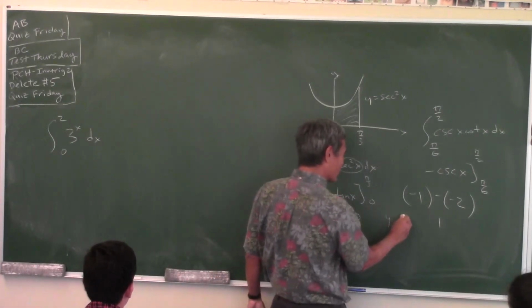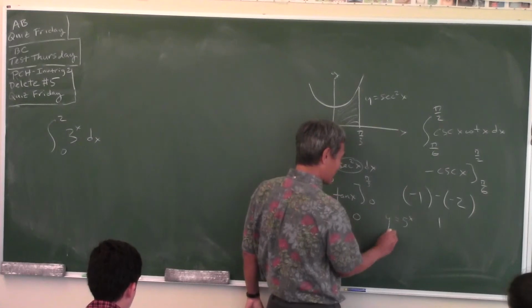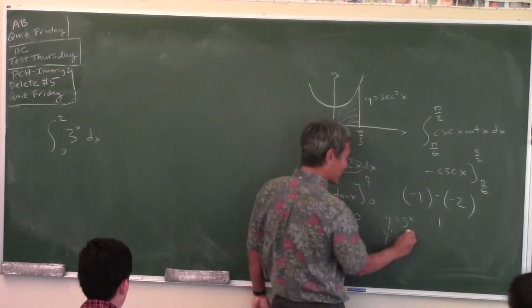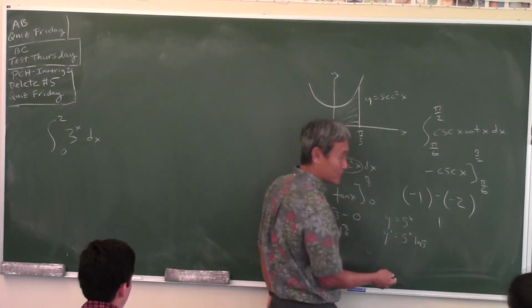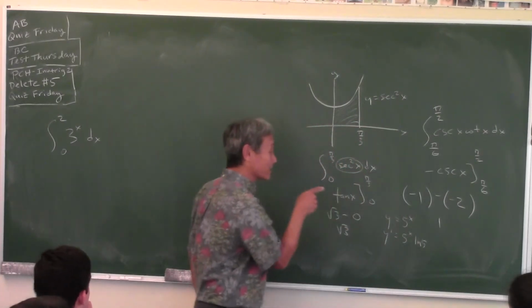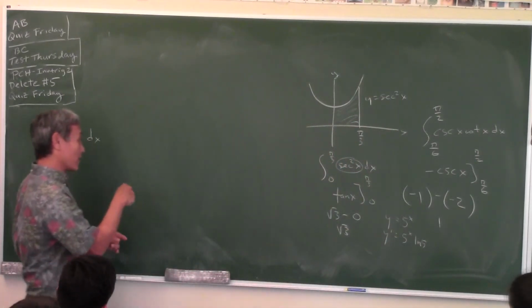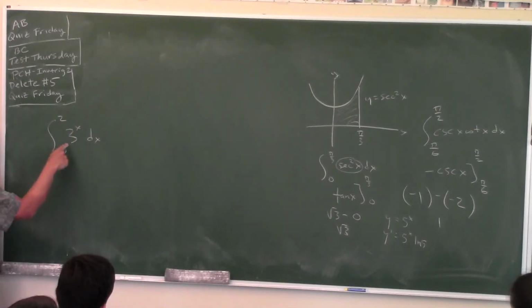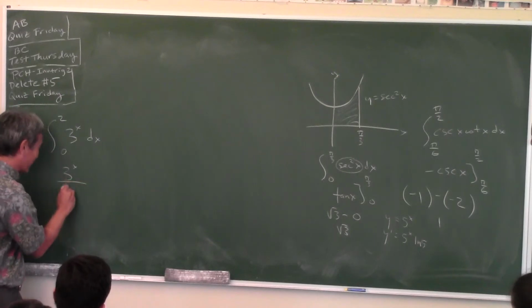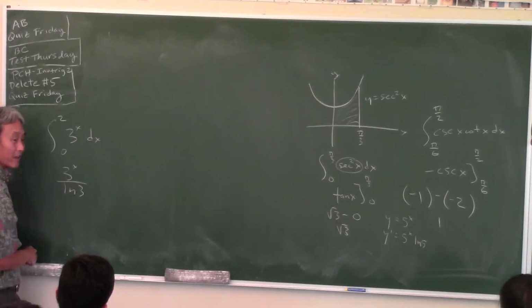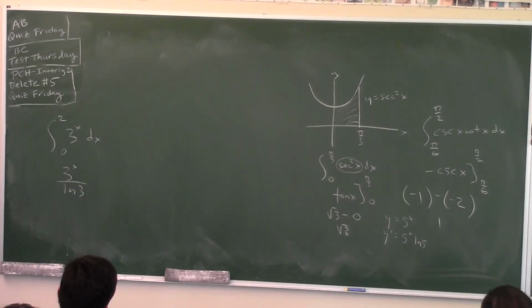If y equals 5 to the x, what's the derivative? 5 to the x times natural log 5, times the derivative of x, which is 1. So if you go the other direction, the antiderivative is 3 to the x over natural log 3.